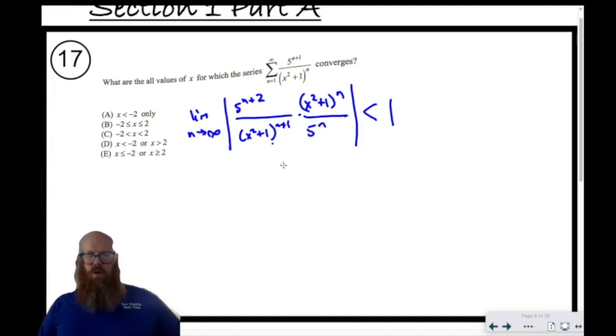Okay, so we end up simplifying this. This ends up just being 25, 5 to the n plus 2 over... Oh, wait, that's my bad. This is n plus 1. I was going to say I didn't think there was a 25. Okay. 5 to the n plus 2 over 5 to the n plus 1 is just 5.